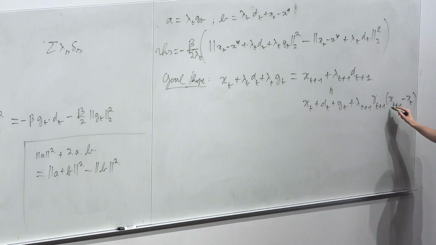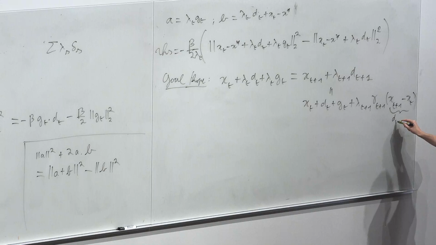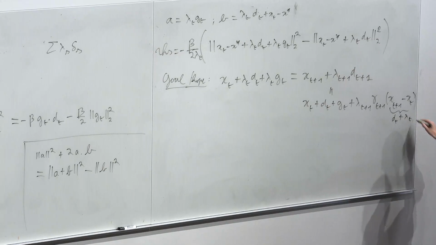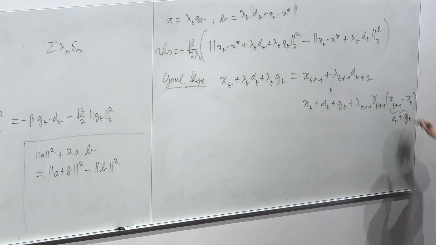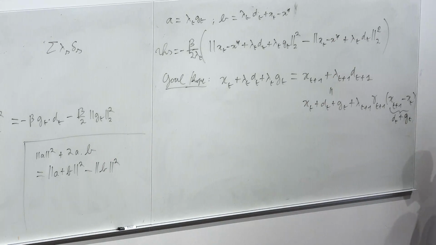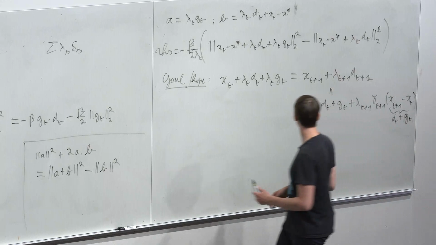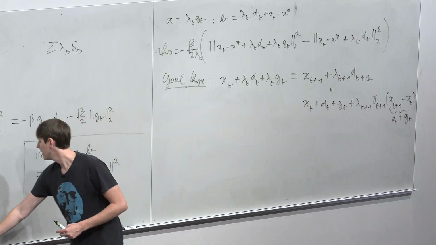And xt plus 1 minus xt is dt plus lambda t plus gt. Okay, so it's getting a bit better because I have only xt, dt's, and gt's on the left-hand side and the right-hand side. So hopefully I can start canceling some stuff.